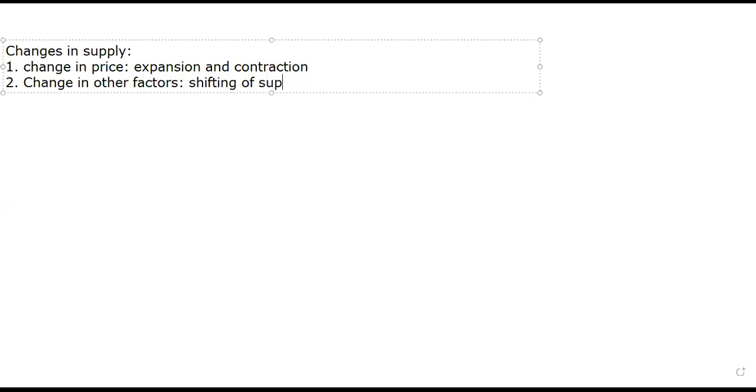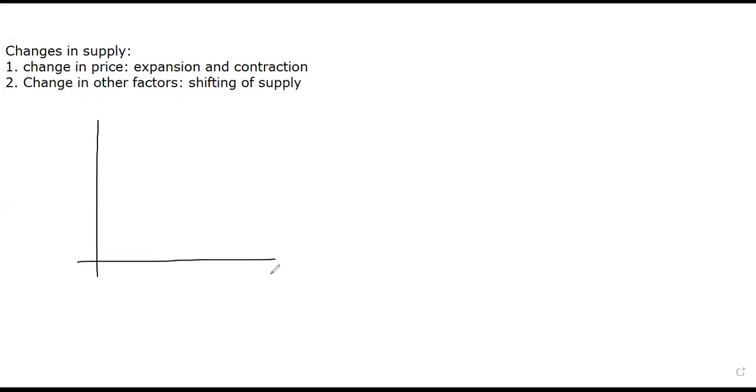Okay, we'll take the first case. Change in price causing expansion and contraction. This is your quantity supplied axis, and this is the price axis. Supply is upward sloping. You have the initial price P1 and initial quantity Q1.